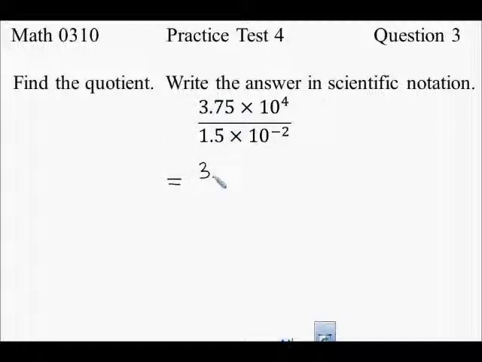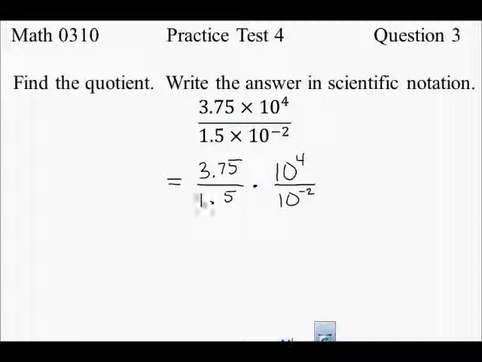So we have 3.75 divided by 1.5 times, and then we look at our powers of 10 in a separate expression, 10 to the 4th on top, and 10 to the negative 2nd power on the bottom. So here all we did was split it up into parts, writing it a little bit different way so we can compare the like parts. If we multiplied these back together, we'd get the same expression we started with.